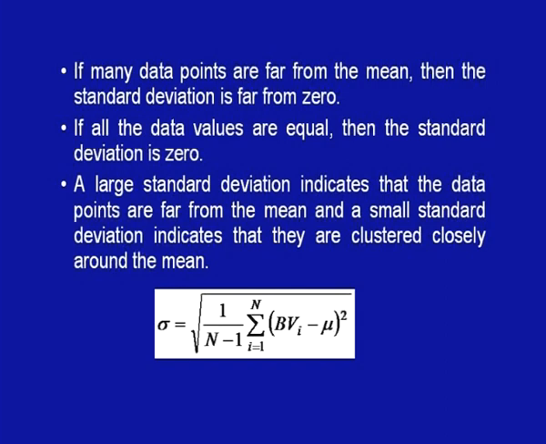If all the data values are equal, then also the standard deviation is equal to 0. A large standard deviation indicates that the data points are far from the mean, and a small standard deviation indicates that they are clustered closely around the mean. Standard deviation can be expressed by the following relationship, that is, by taking the square root of 1 by n minus 1 and taking the summation of the difference between the input value minus the mean and taking the square of this particular difference.